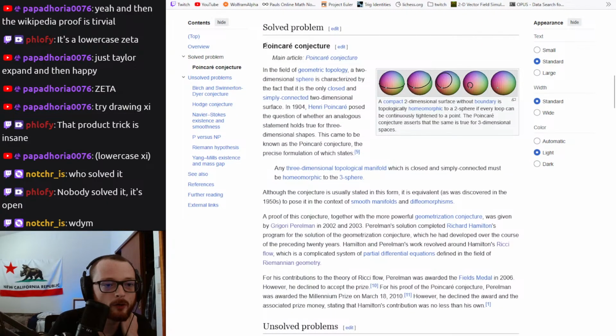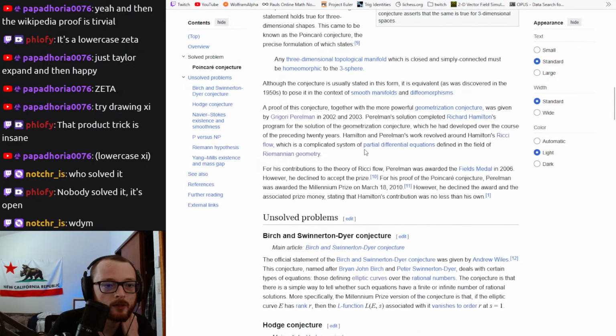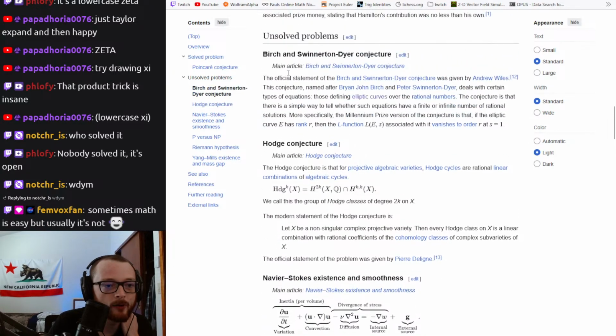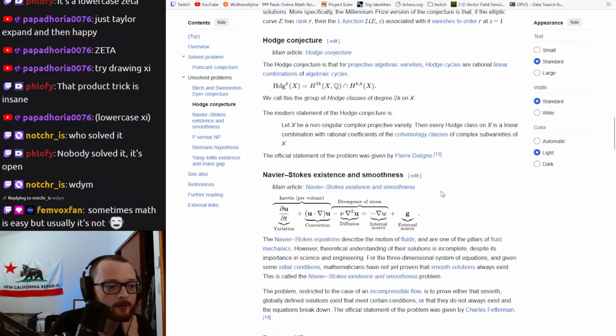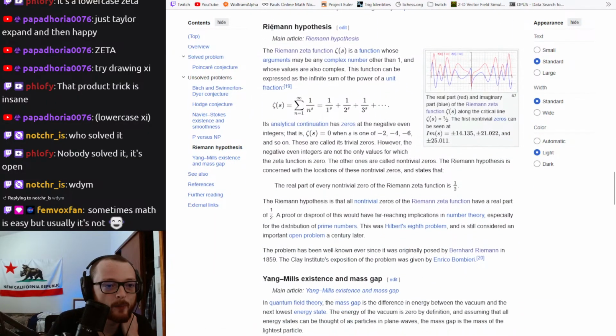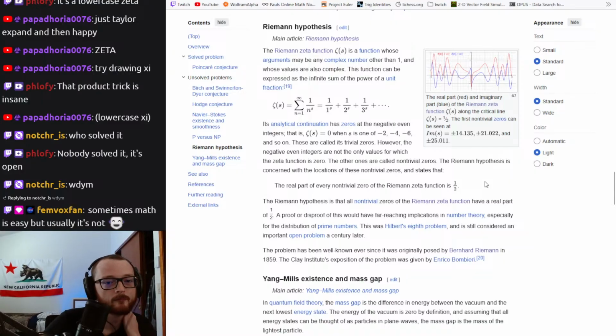So the Poincare conjecture, I guess, is a solved one. But the unsolved ones are all down here. And this is the Riemann hypothesis. So it's a hypothesis involving the Riemann zeta function.